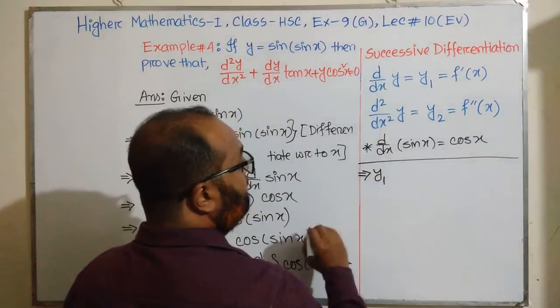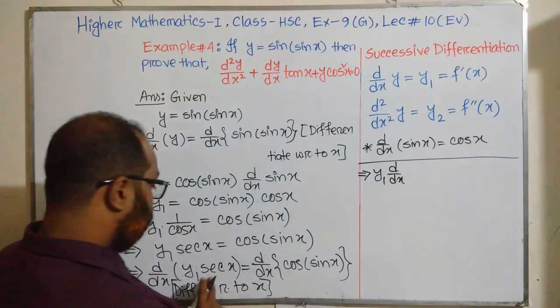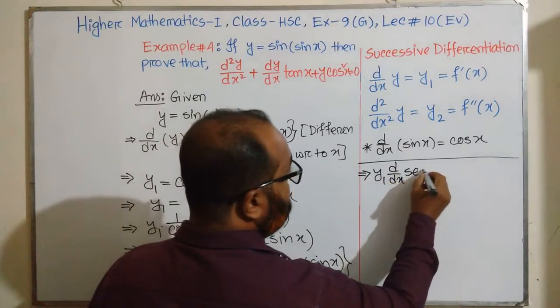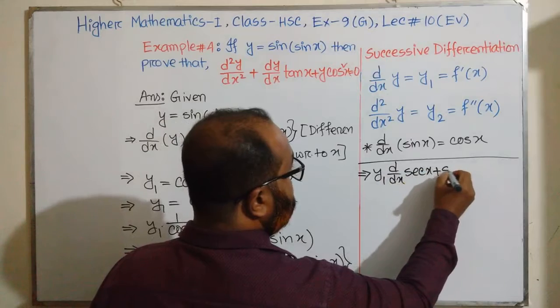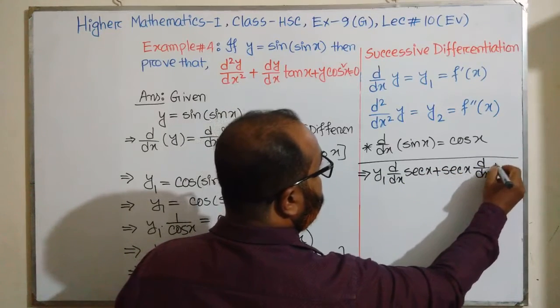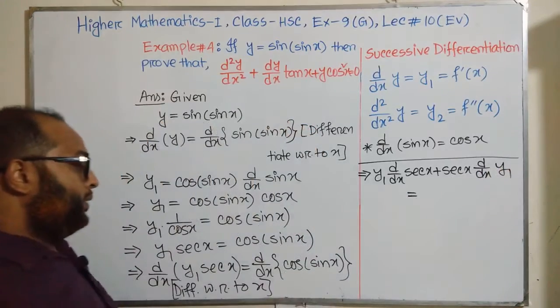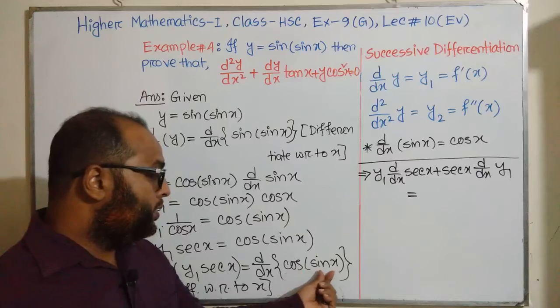That means y1 d/dx of sec x plus sec x into d/dx of y1 equals d/dx of cos of sin x.